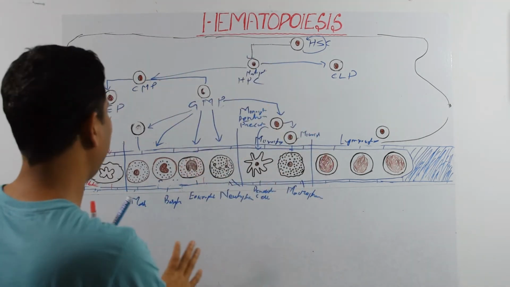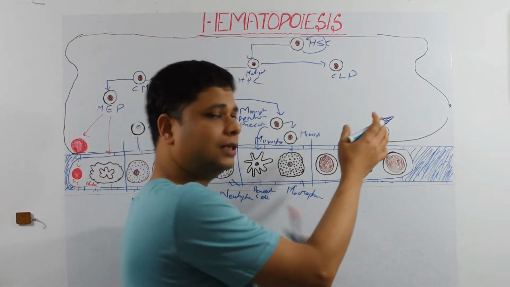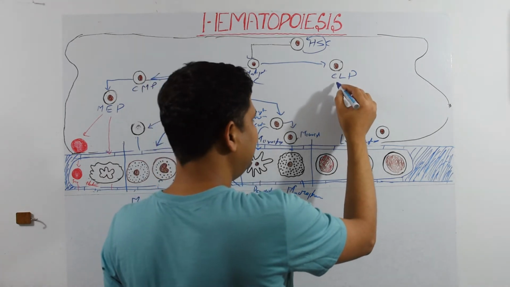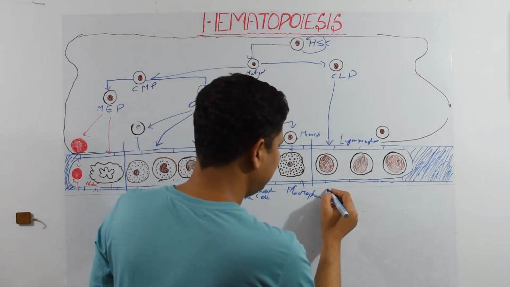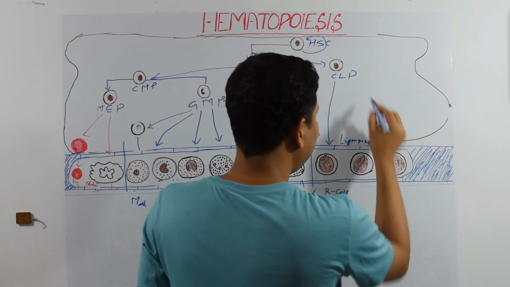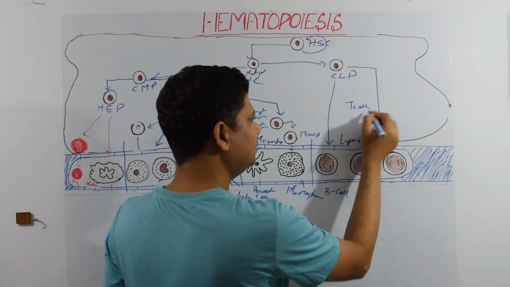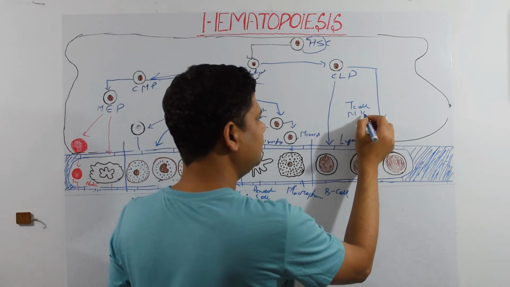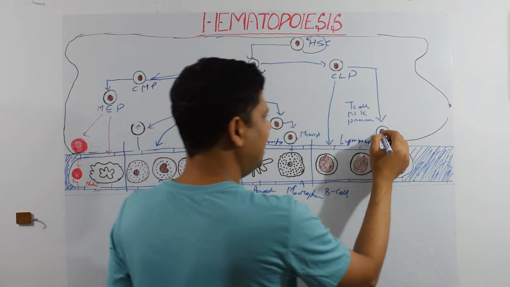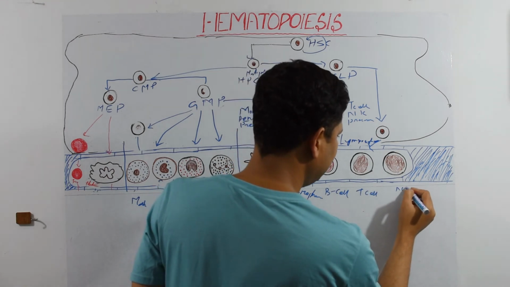This total part is from common myeloid progenitor cells, and next are common lymphoid progenitor cells. From these common lymphoid progenitor cells, B cells develop, and from this, T cell and NK cell precursor cells develop, and from this, T cells and NK cells come.